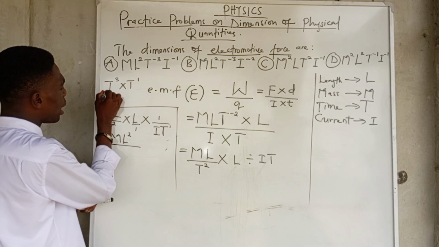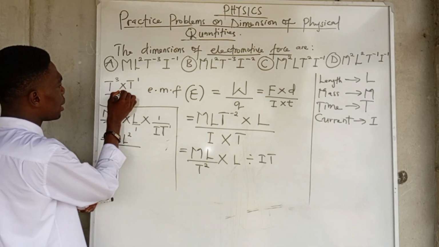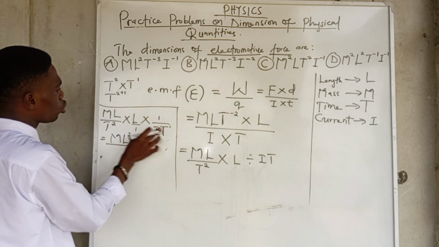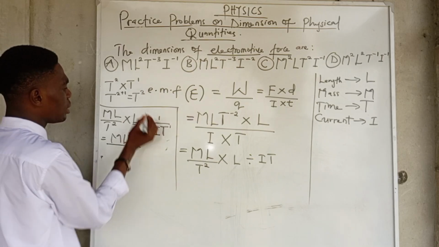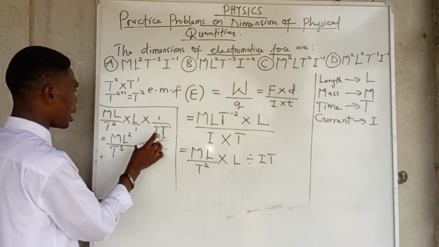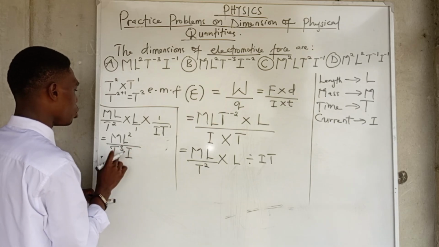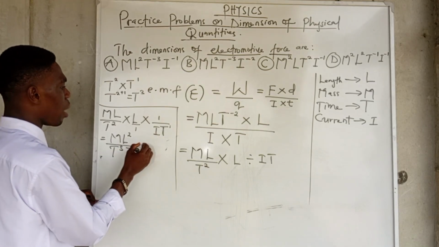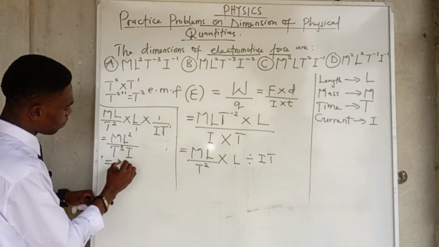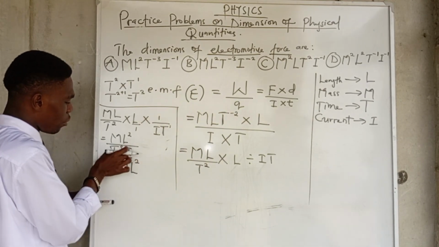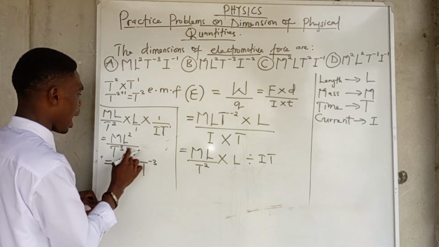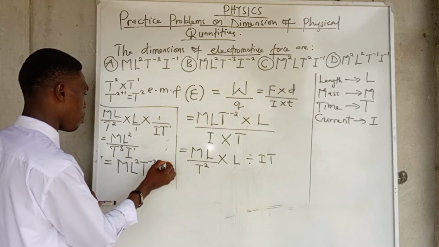Since the bases are the same, I take one of the base and add the power. So this is 2 plus 1, that will give me T to the power of 3, T cubed. Then times I will give me I. So T cubed I. And so if I want to get the final thing, I'll write it this way. M L squared. If you bring the denominator up, it becomes negative. So it becomes minus 3. Then I, the power is 1, so it becomes minus 1.